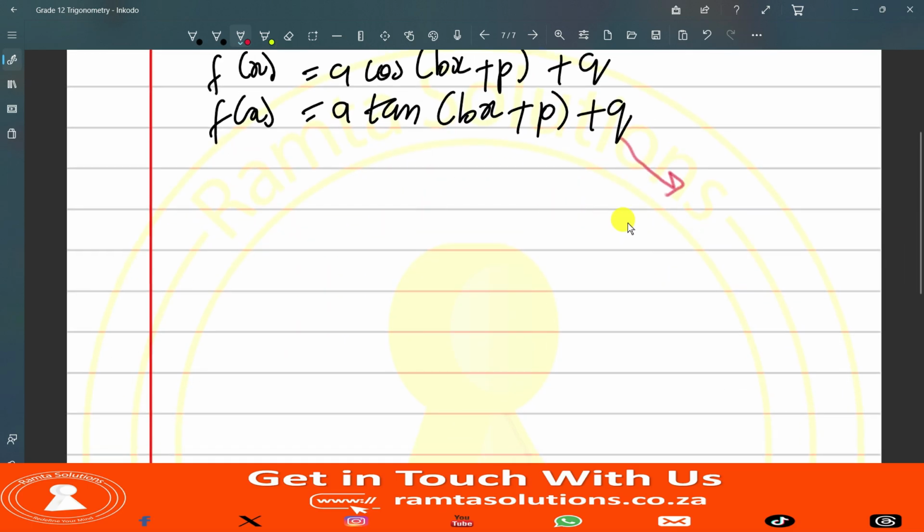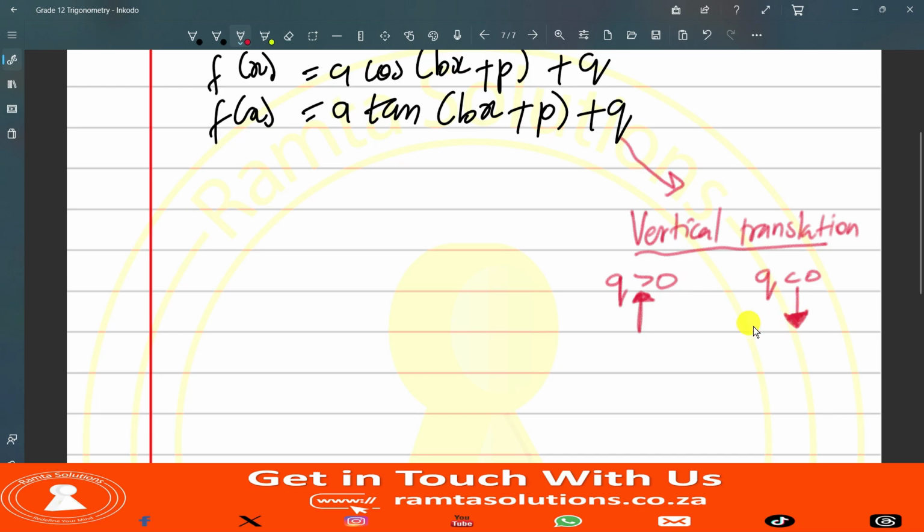It represents vertical translation. If q is positive, the function shifts up. If q is negative, the function shifts down.